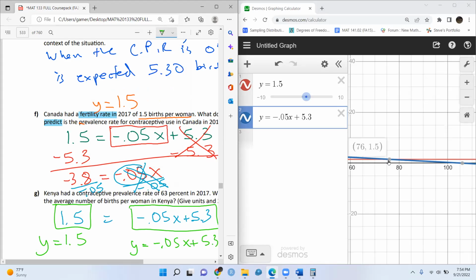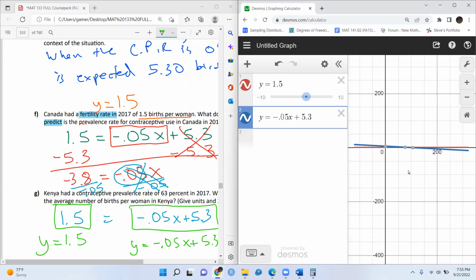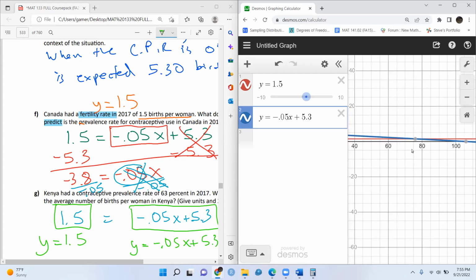And then the solution is where they intersect. Now, the tricky part with this is finding where they cross. If these y-intercepts, if these numbers are really big, it can be a little tricky trying to find them, but you just zoom out and you see that Desmos puts in these little dots, and you're finding the one where they're crossing each other.